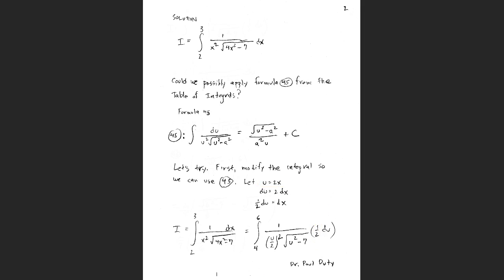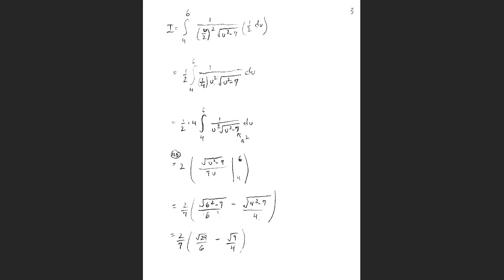All right, well then we move forward here, and I just recopied what we had on the last page. Now u over 2 quantity squared is the same as 1/4 times u squared.